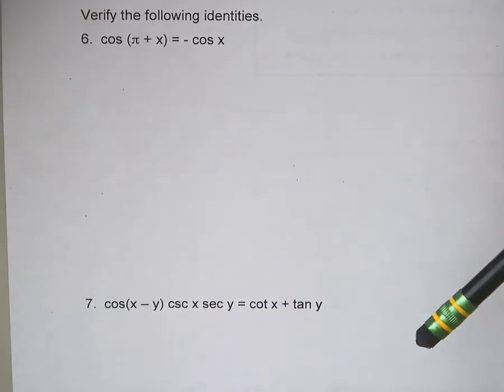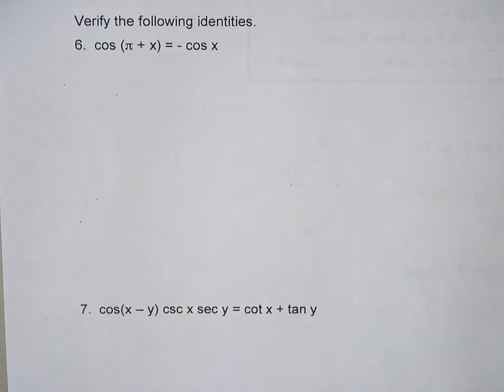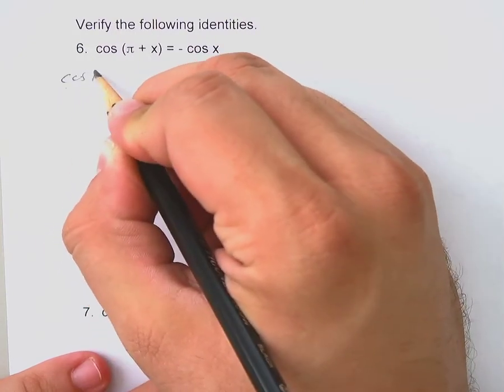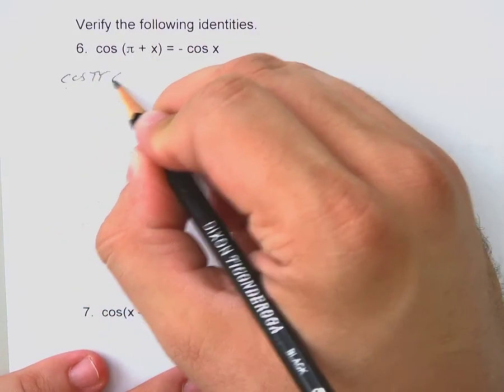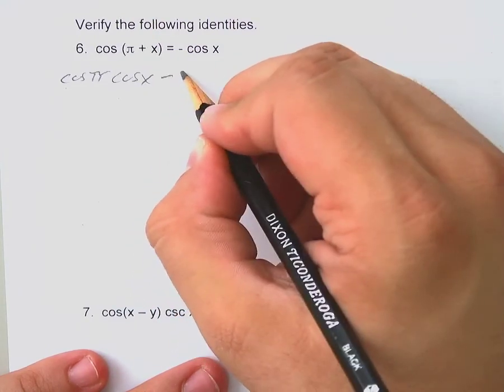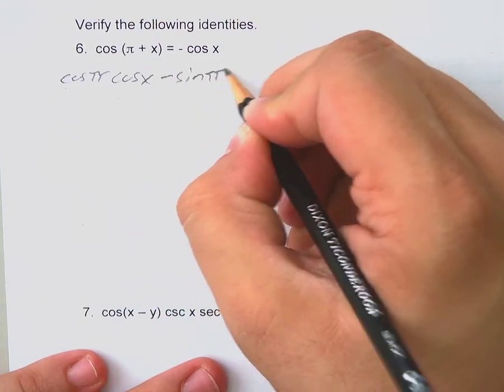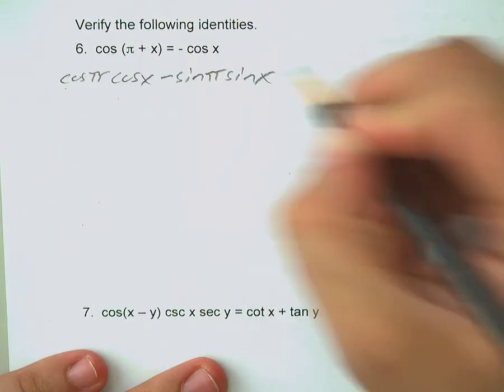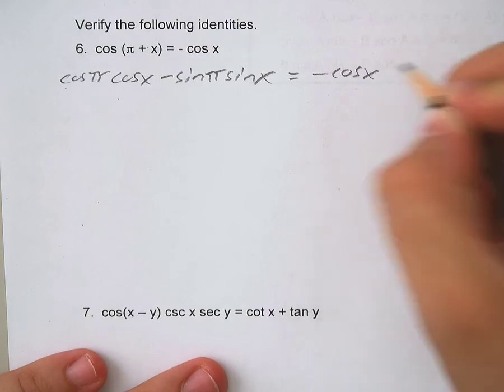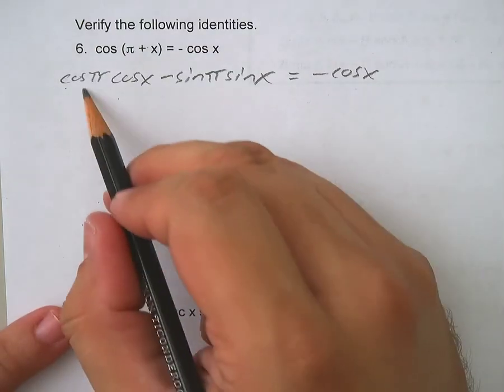So let's talk about proving. It says prove the following identities or verify the following identities are true. So we've got cosine of pi plus x. Let's expand it first. That's going to be cosine of pi times cosine of x. Since it's a plus sign, we'll do minus sine of pi sine x is equal to negative cosine x. What's cosine of pi?